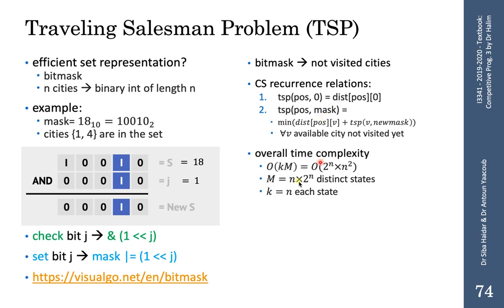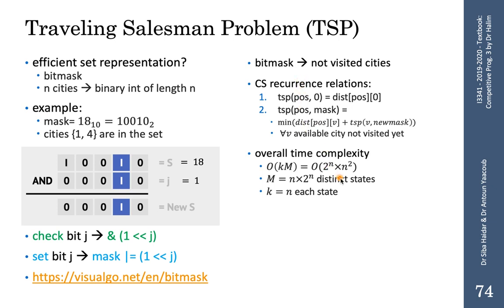So what is the overall time complexity? The overall time complexity is of the order of 2 to the power n times n to the power 2. Why? Because how many distinct states do we have? The state has 2 parameters. The first is the current city and the second is the mask. The mask, how many values can it take? It can take up to 2 to the power n values. How many cities can we have?